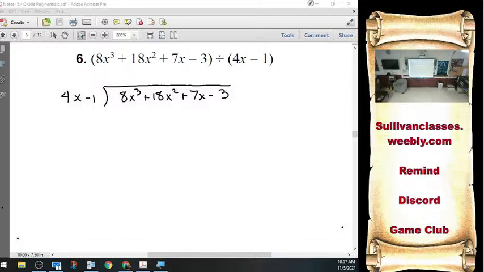It's -2, change signs, cool. So we've got 18, 9, 3, 18x. It should be 18.